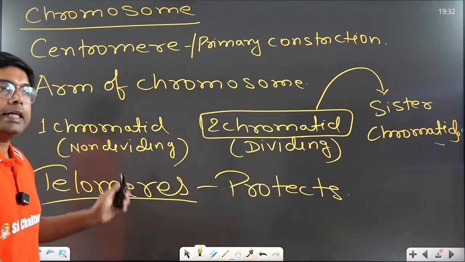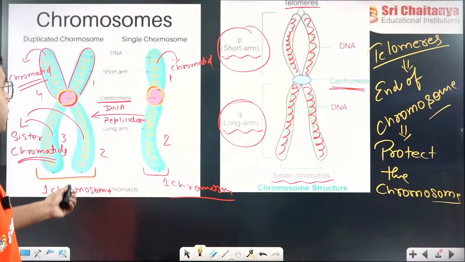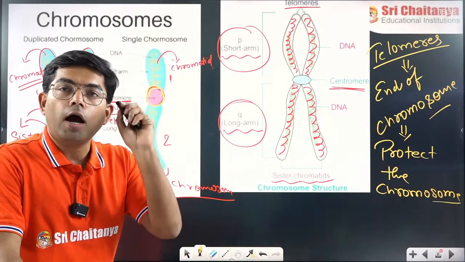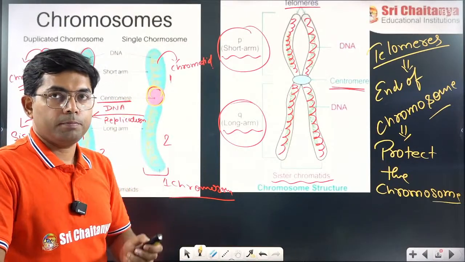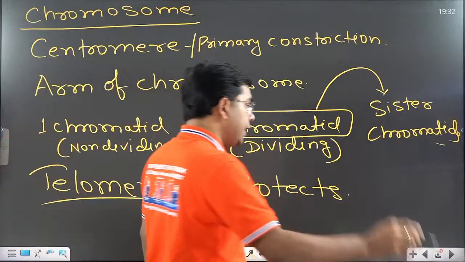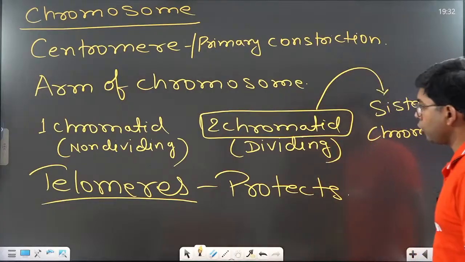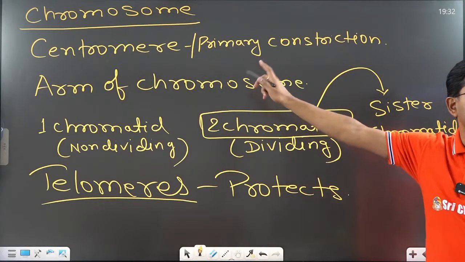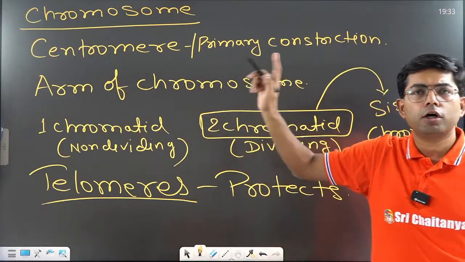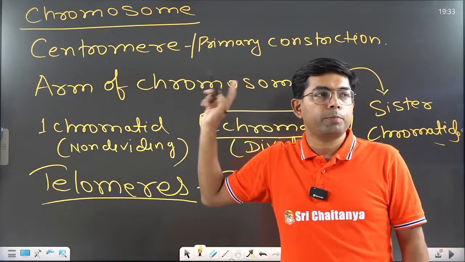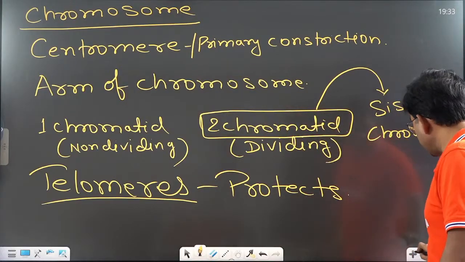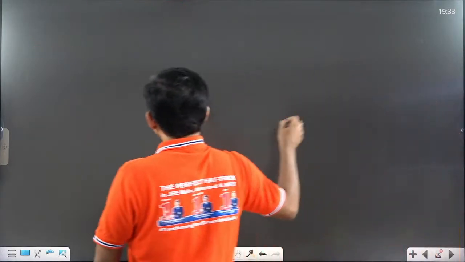Is the labeling point clear or not? If it is clear, then I am going to ask one question, right? This question will be with the help of a diagram. Last class I also drew one diagram, so just quickly go through this once. I am going to draw a diagram and you have to label it properly. Very good. So let's start.